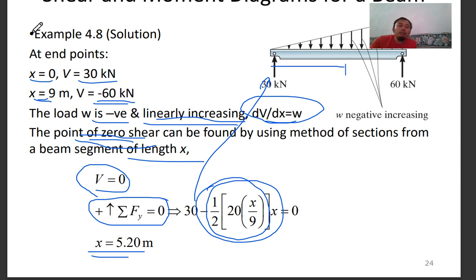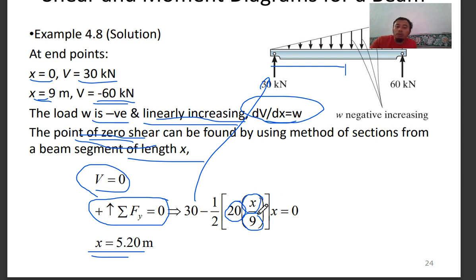It is important for you to be very careful in this function of triangle. As we said before, the triangle is proportionate, because you get a peak load of 20 at a distance of 9 meters. So you want to know, at distance of x meter, what is the peak load.